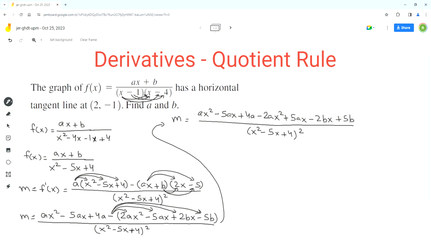Now we can simplify the terms in the numerator by combining like terms. So negative 5ax and positive 5ax will cancel each other out.